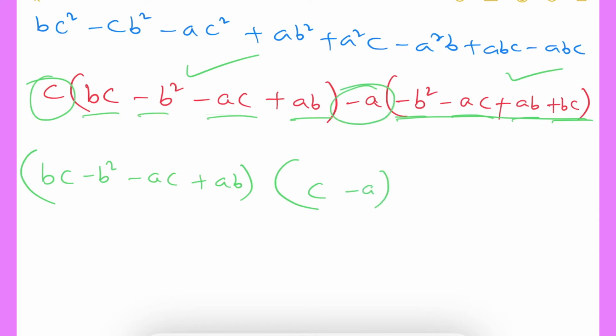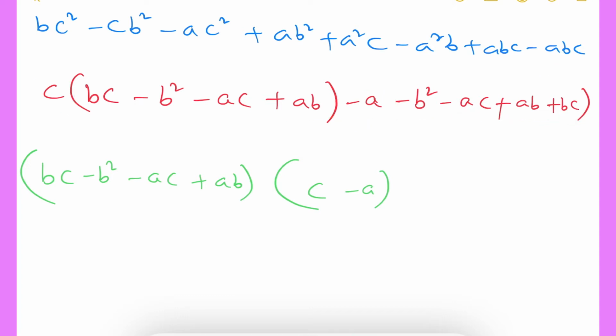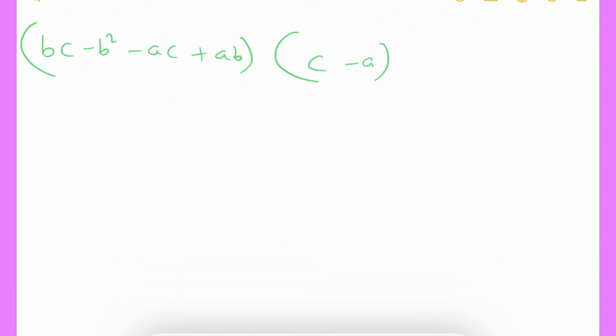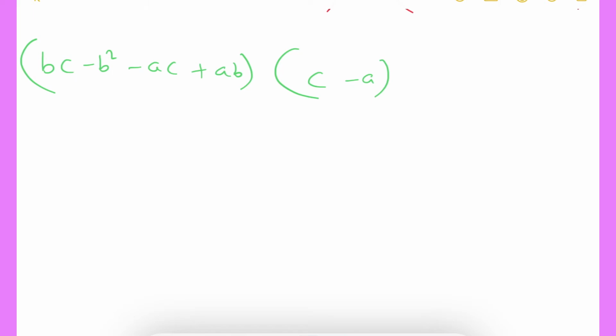Now from the first one also, if anything is possible to take common, we will take that common. Let us check it now. Here we have BC minus B square, right?